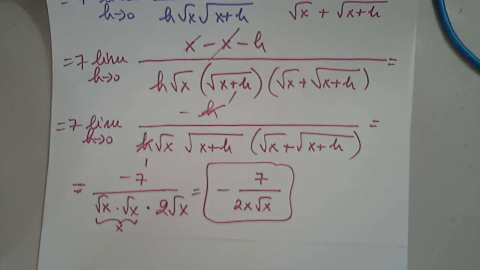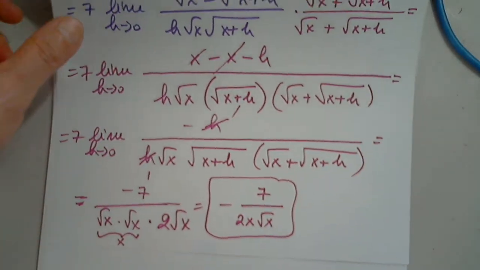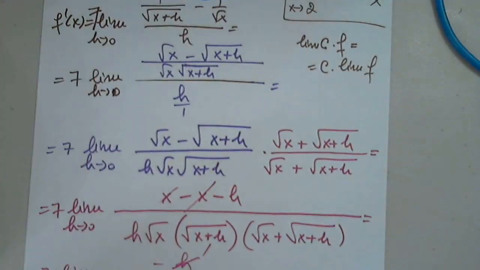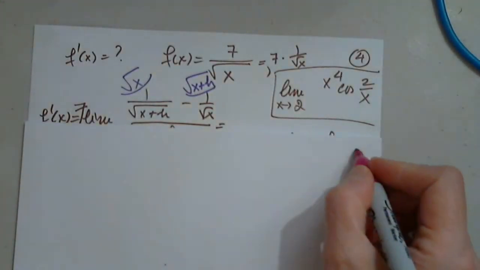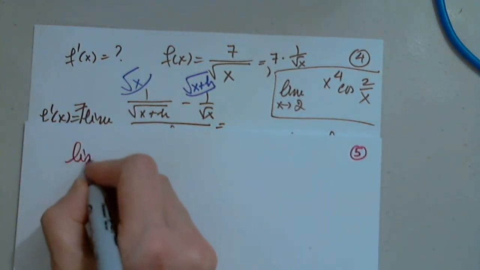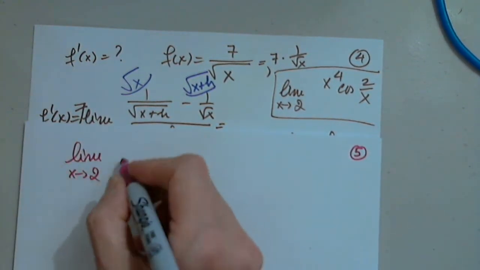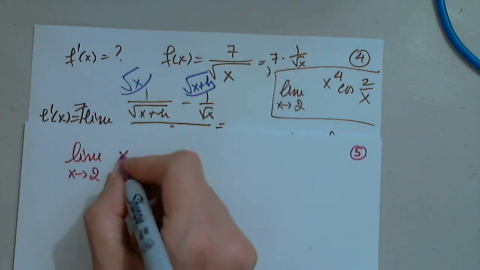Anything else? Other questions here? Or can we move on to the next? I got the next one. We're asked to find the limit as x approaches 2 of, is it 2?